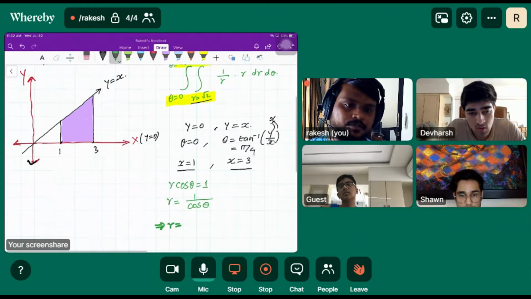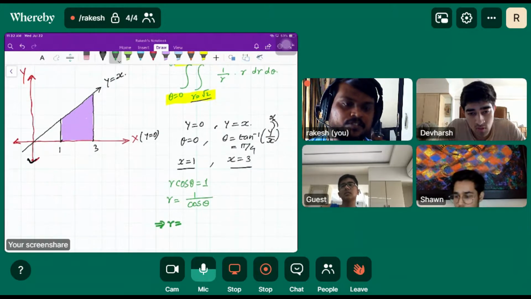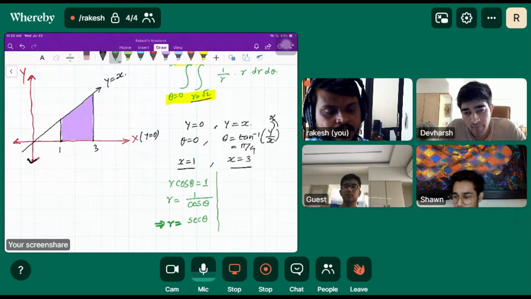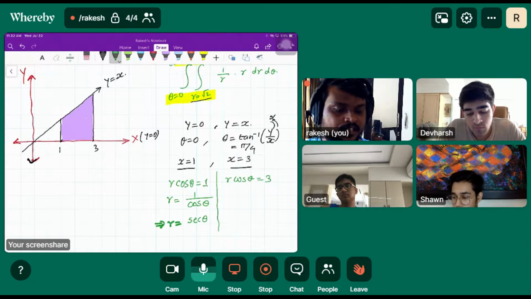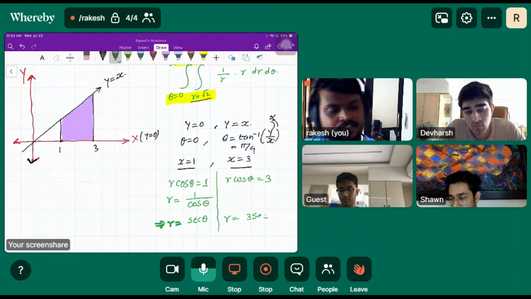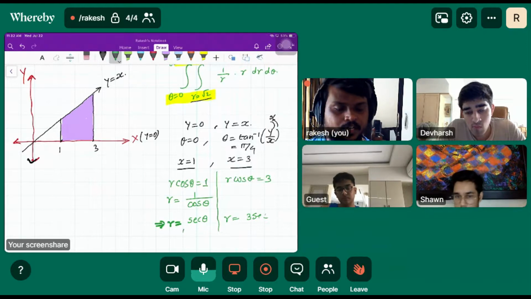R is equal to sec theta. Similarly, for x is equal to 3, r cos theta is equal to 3 and r is equal to 3 sec theta. So this is the lower limit and this is the upper limit for r.